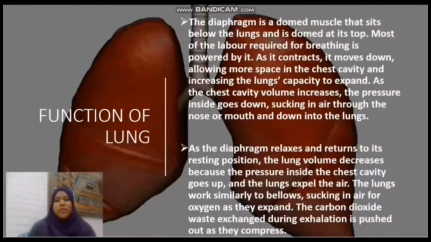The lungs work similarly to bellows, sucking in air for oxygen as they expand. The carbon dioxide waste exchange during exhalation is pushed out as they compress.